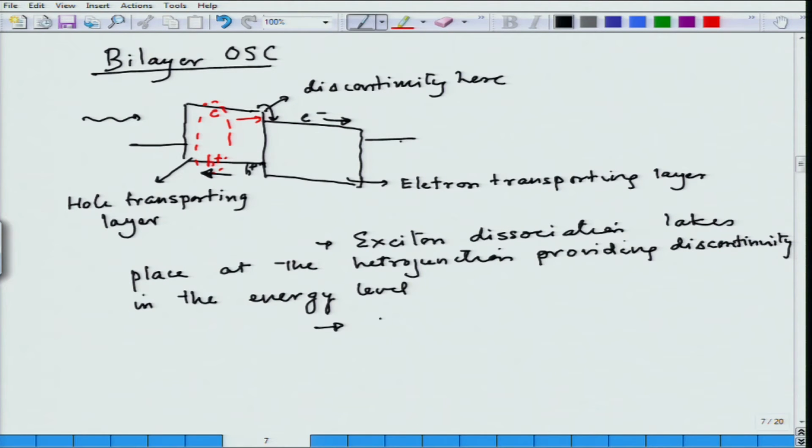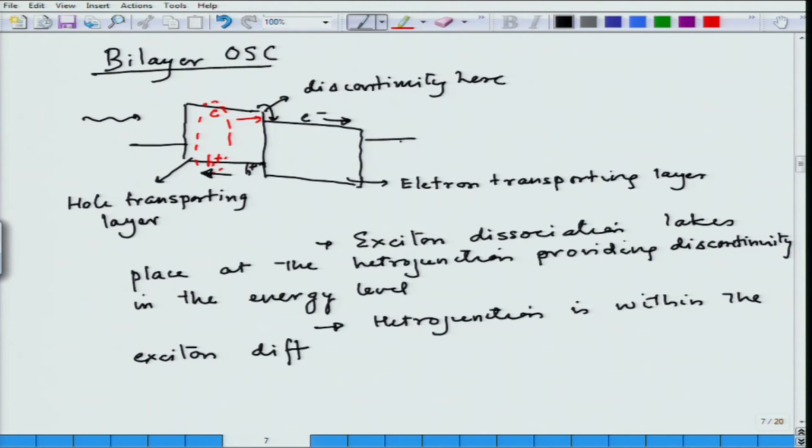And the design has to be such that the heterojunction is within the exciton diffusion length in both materials.